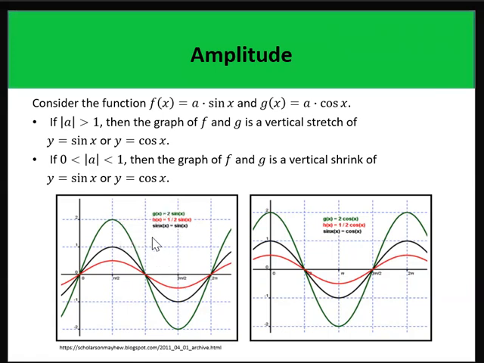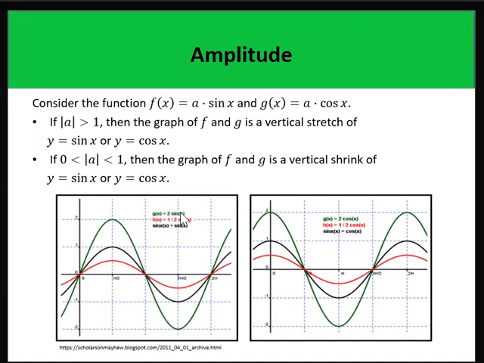Now, if we consider the following figures here, the figure at the left side has three graphs: the red, the black, and the green graphs. So these are graphs of the sine function, but the black graph is our basic sine function. Now, the green graph is represented by the equation g of x is equal to 2 times sine of x.